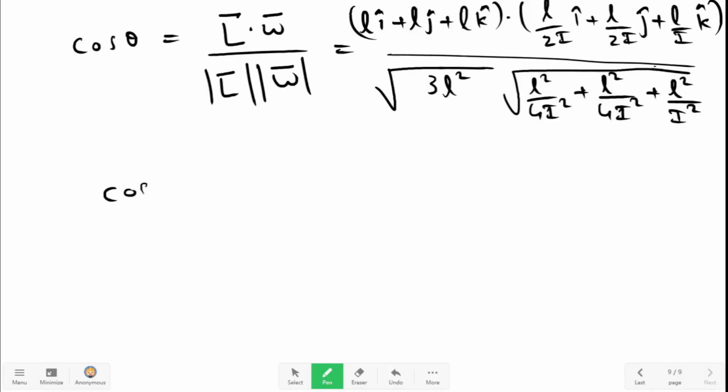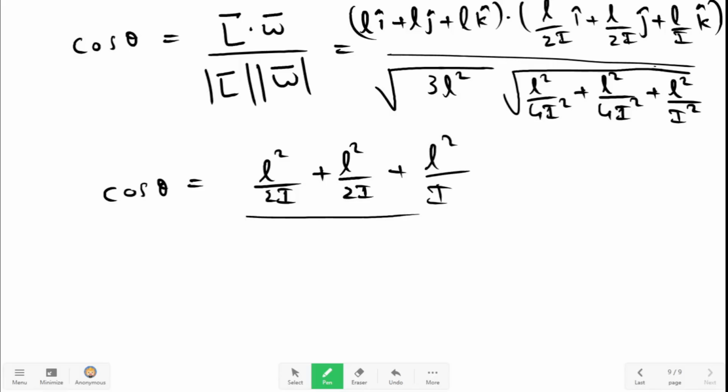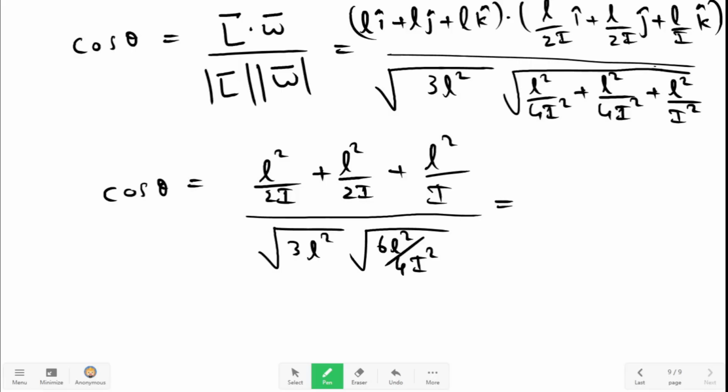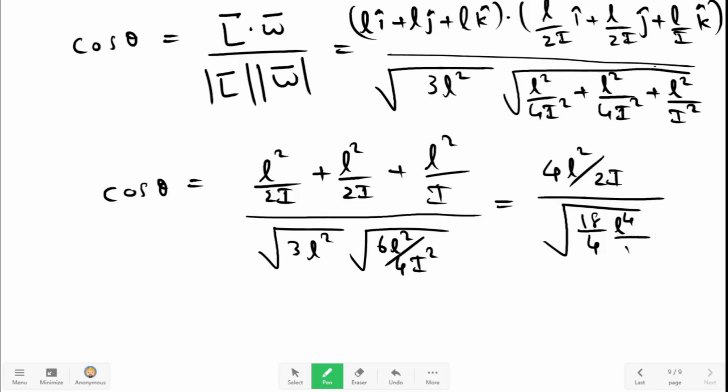Therefore cos theta is equal to L square by 2I plus L square by 2I plus L square by I, divided by root of 3L square times root of 6L square by 4I square, which is equal to 4L square by 2I divided by root of 18 by 4 L raised to 4 divided by I square.